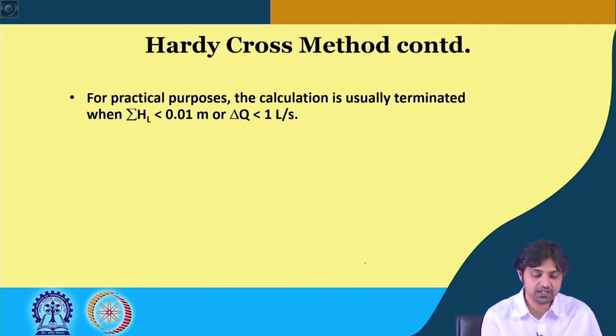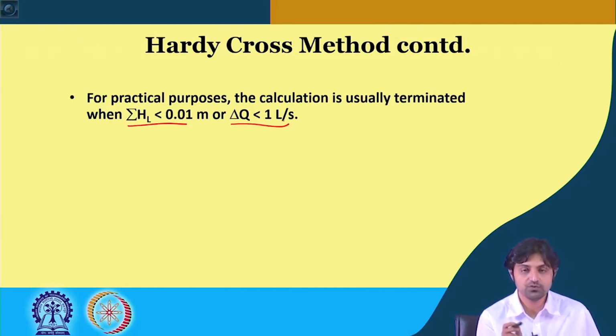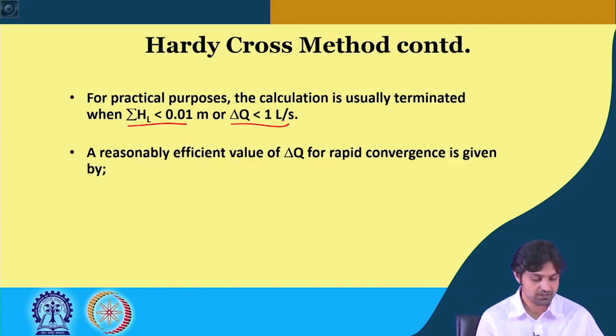So we terminate the calculation if the head loss is less than 0.01 meter or delta Q is less than 1 liter per second, we stop the calculation there itself.